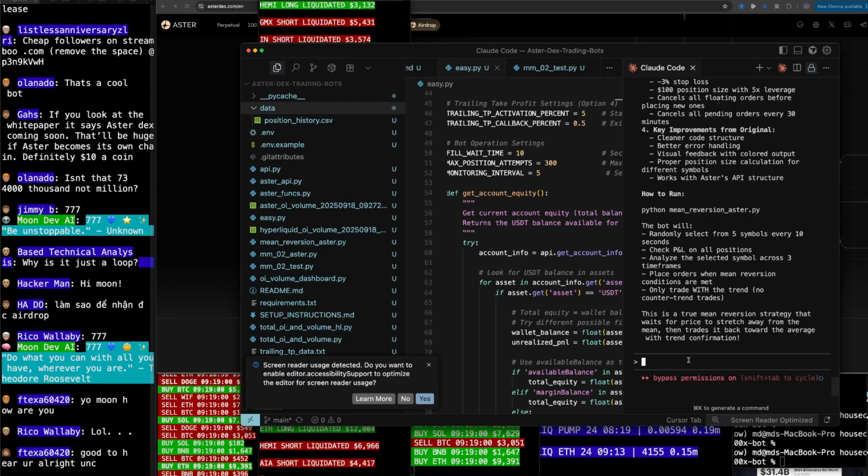All right, well, I want to update this so it's not random. It's not random symbols, but real symbols, and we'll use these ones.